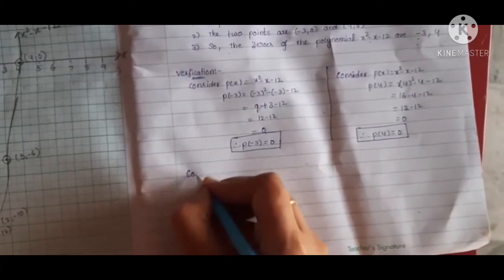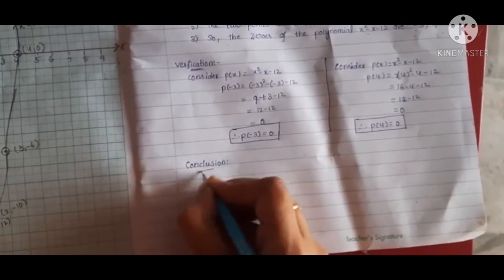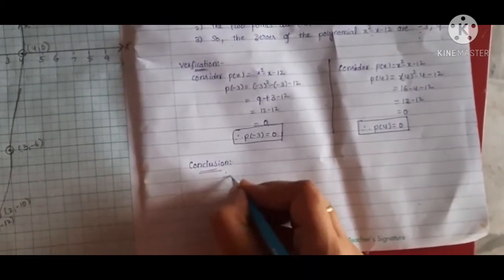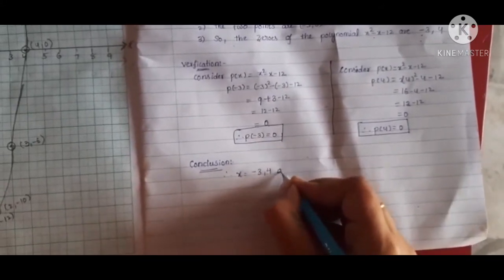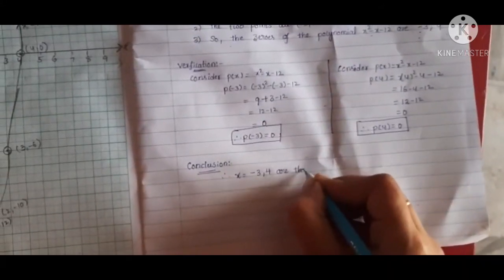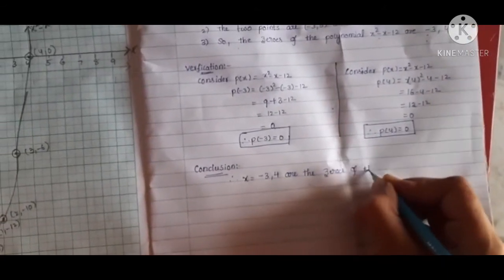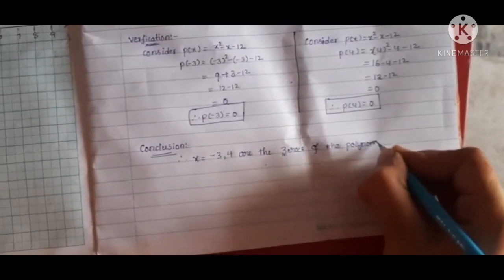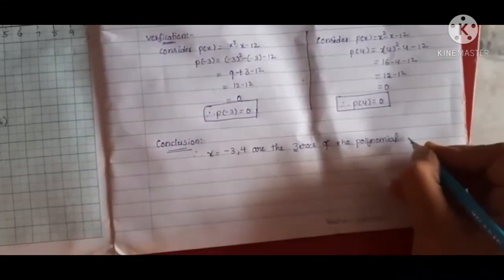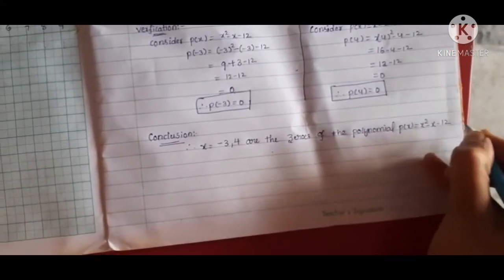That we have to write as the conclusion. So finally, conclusion. Therefore, x is equal to minus 3, 4 are the zeros of the polynomial p of x is equal to x square minus x minus 12. So this is the graph.